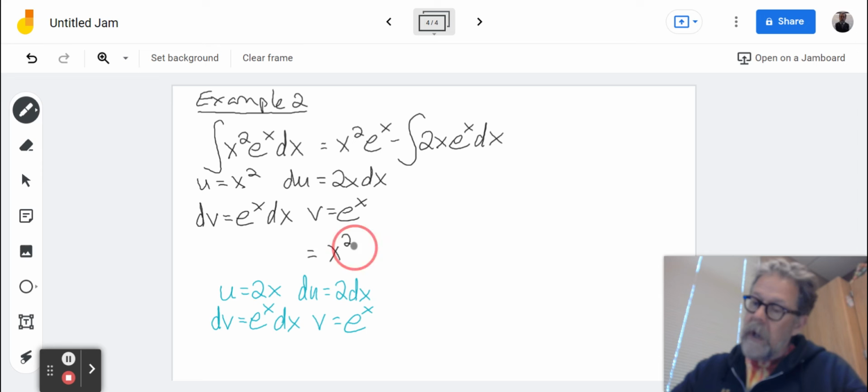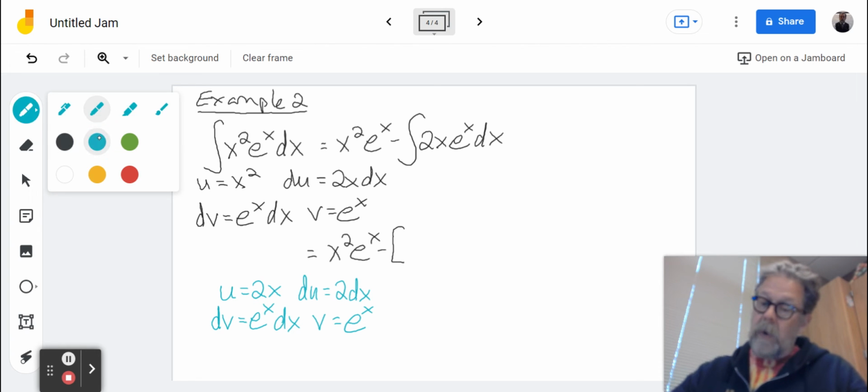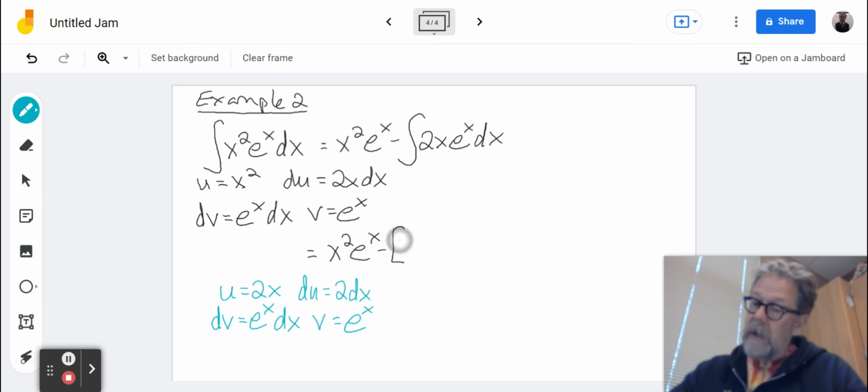And we get x squared e to the x minus, now be careful, I know you're all good at math, minus big parentheses, because we're going to have minus a minus in here. And we'll go back to our blue color, uv, 2x e to the x, minus the integral of v du, 2 e to the x dx.